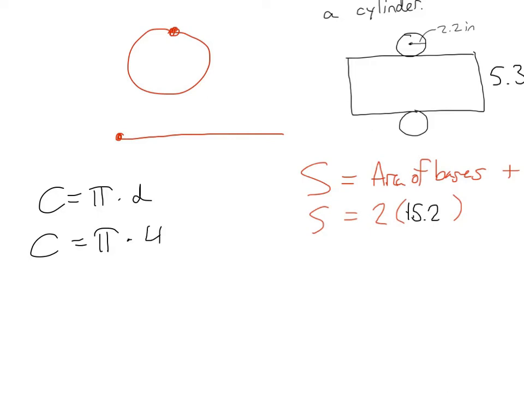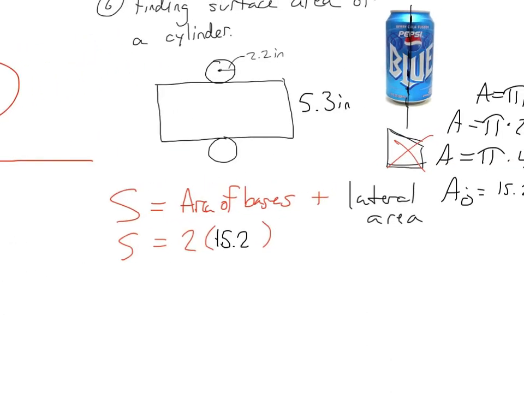So pi times 4.4. If the radius is 2.2, then the diameter is 4.4. So what is 4.4 times pi? Rounded, that would get you approximately 13.8. We're talking about inches here. Now, is it inches squared? No, it's just inches, because we're talking about circumference. It's distance. So what does that mean?